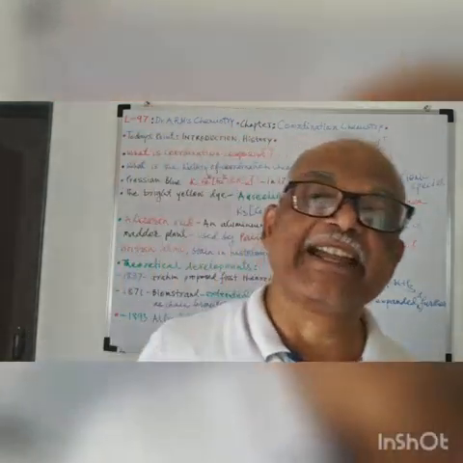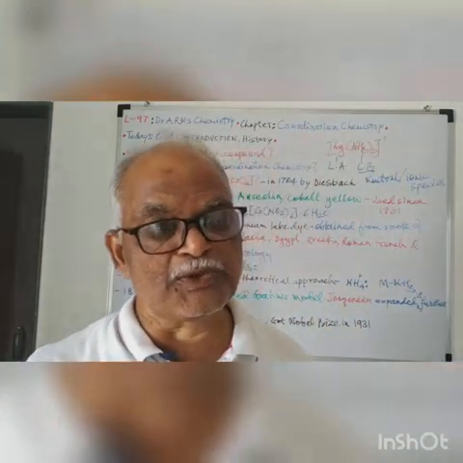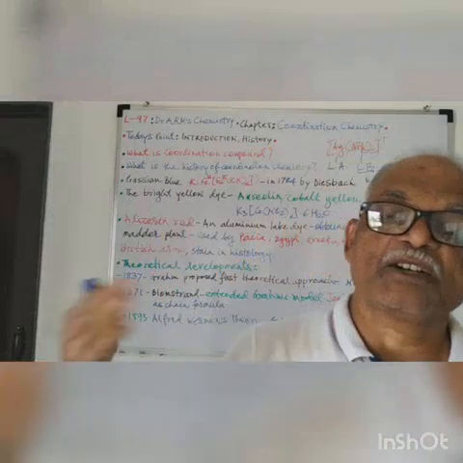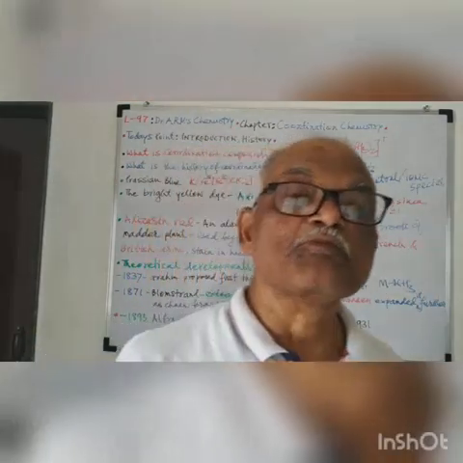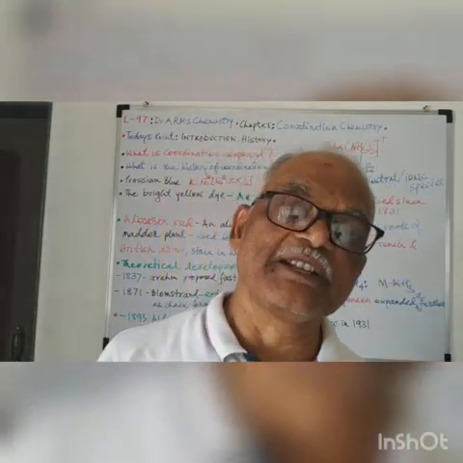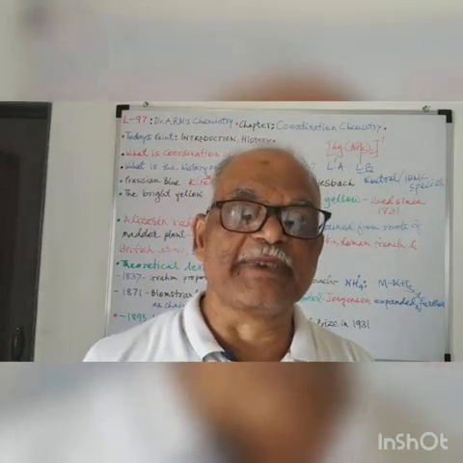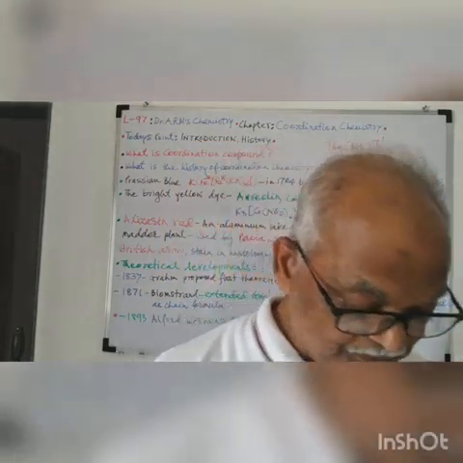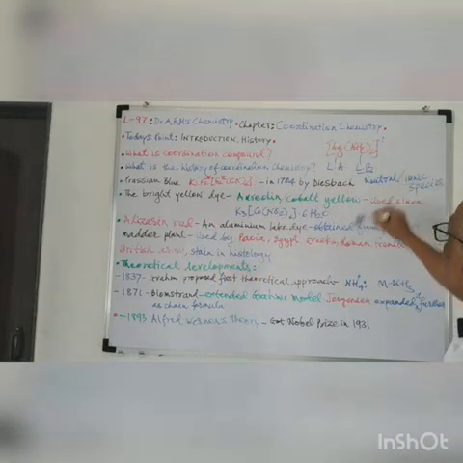Similarly, we can have H2O, which is also neutral, or other neutral molecules of various types, or ionic species such as halides, Cl-, Br-, I-, OH-, etc. All these species are called ligands.